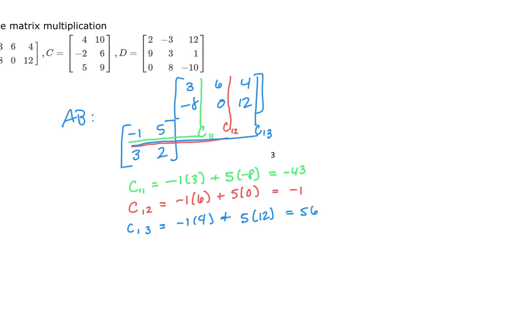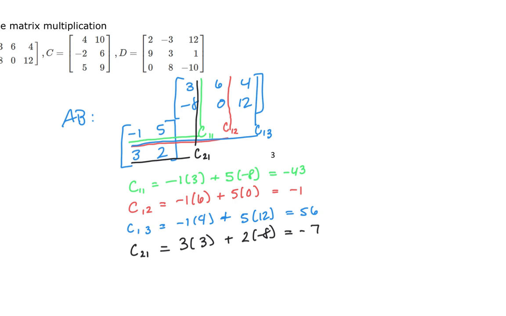Okay, so now I'm going to multiply the 3 and the 2 by the 3 and -8. I'm going to call this C21. So the C21 is going to be equal to the 3 multiplied by the 3 plus the 2 multiplied by the -8. So 9 minus 16 is -7.